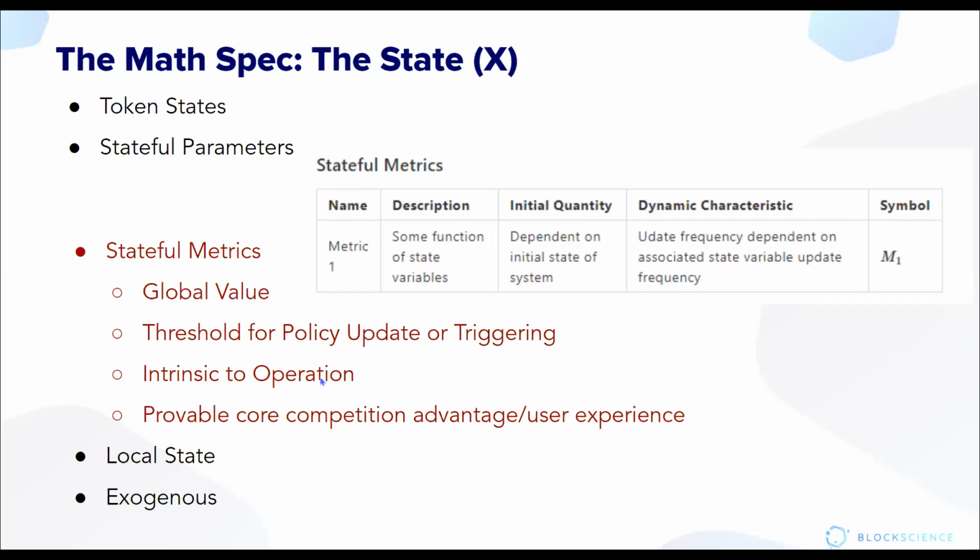But you would build this into the cadCAD model: you would have slippage as a stateful metric because it's intrinsic to the operation. It's going to be known and computed at the time of the state. Whether you actually get that or not is a different story, but it's still part of the operation.